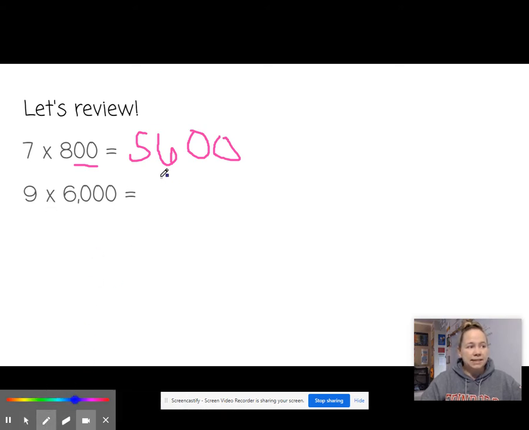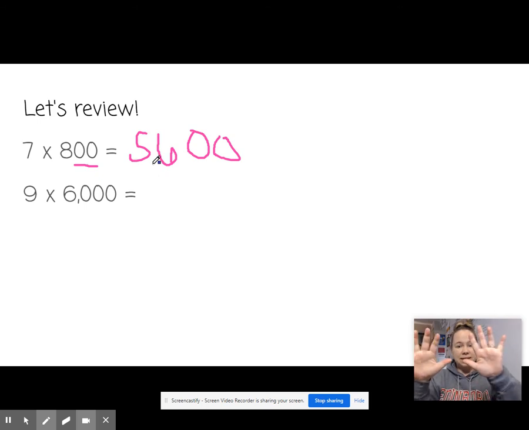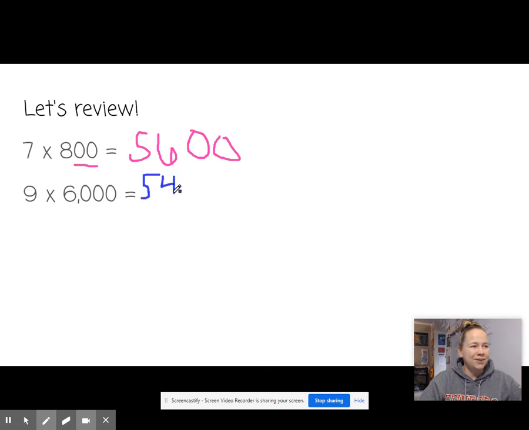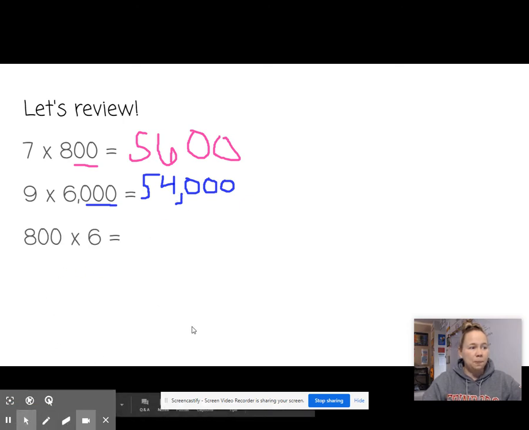Well, 9 times 6 is 54. So 54. And then I have 3 zeros because I'm multiplying by a number in the thousands place. So I'm going to place those 3 zeros at the end.